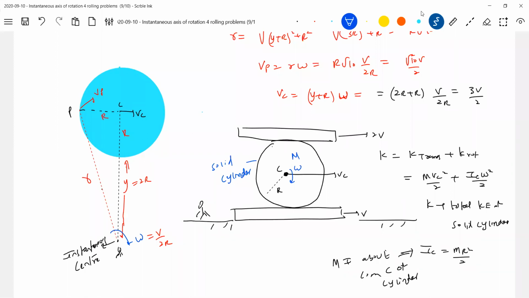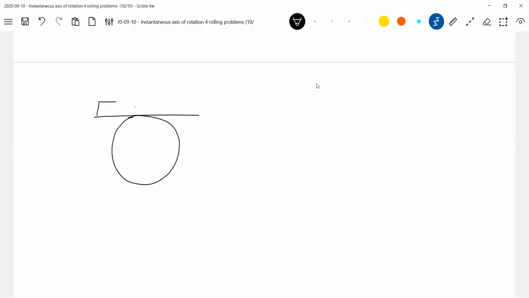If you just know the velocity of the belt, that means if you know the velocity of any two points in a rigid body, you can do anything with the rigid body. I'll give one more similar condition. You can take that rotational motion about any point.